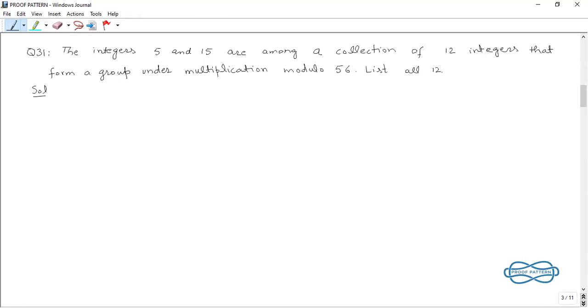So let G be a group, the required group.